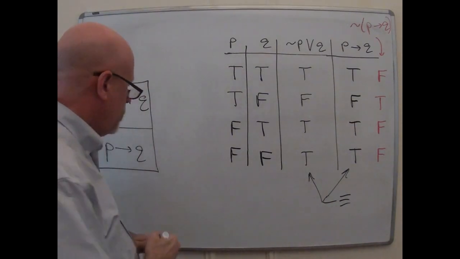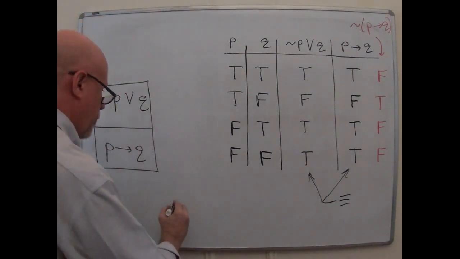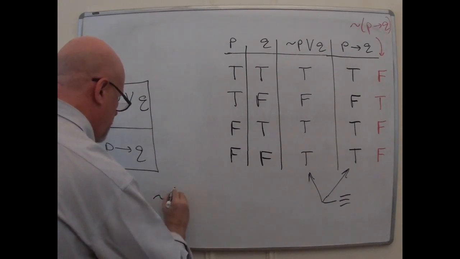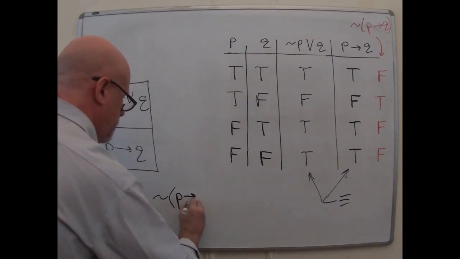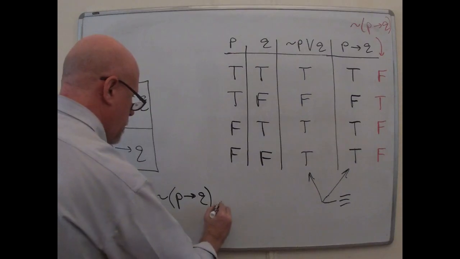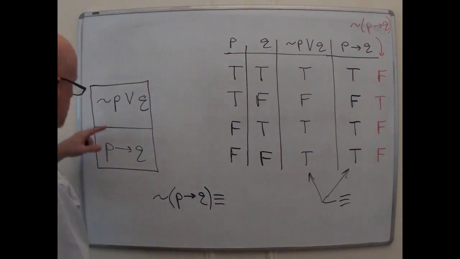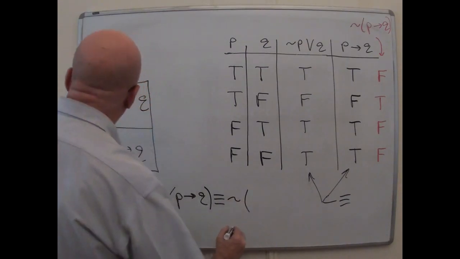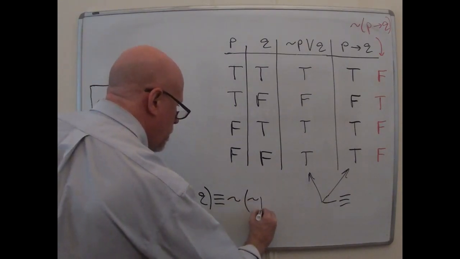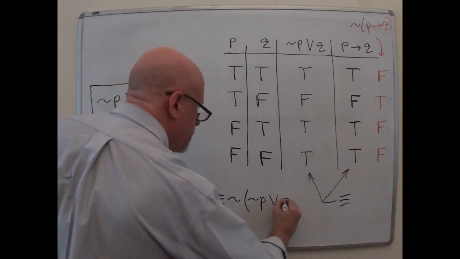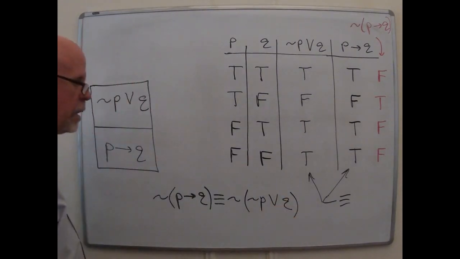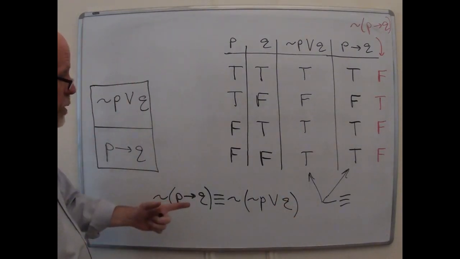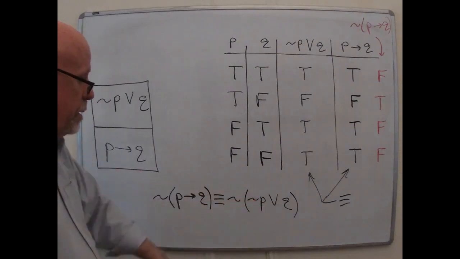Let me do a little bit of Boolean algebra for you. I'm looking for the negation of P implies Q. But that's equivalent, because these two things are the same, to the negation of not P ORed with Q. And by De Morgan's law, what is this?